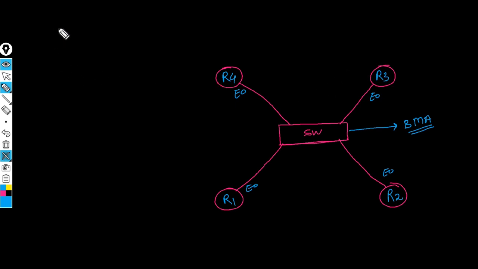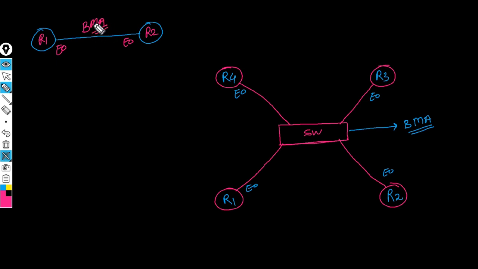This is also one of the BMA topologies. If you take one router and connect other routers to it, with router 1 connected to a second router over LAN interfaces, this is also considered a broadcast multi-access topology.